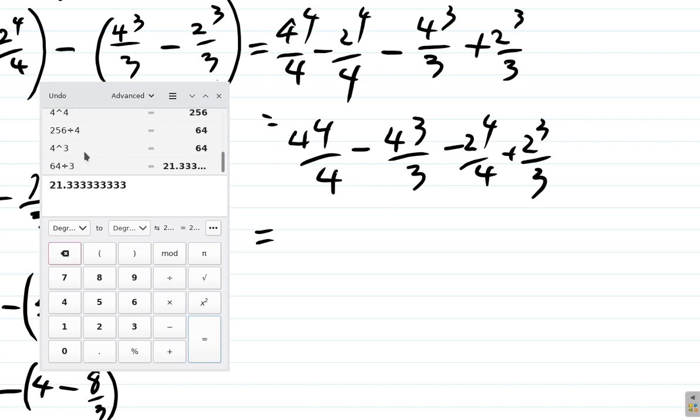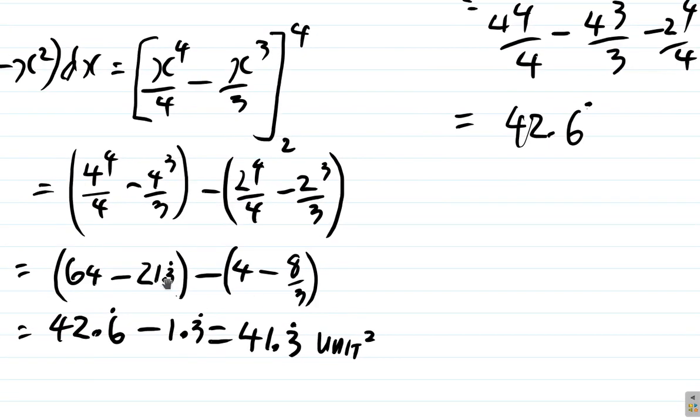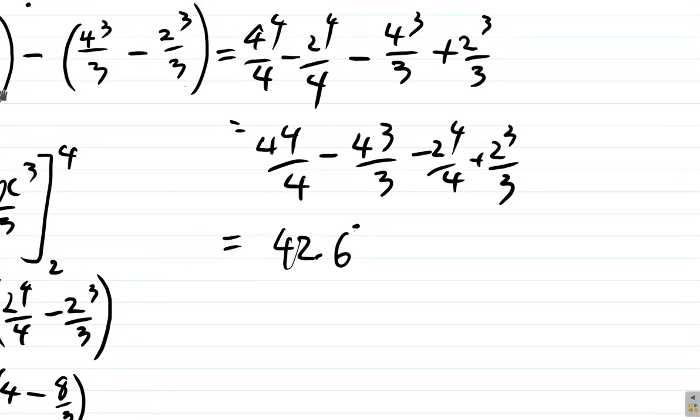And then the 4 to the power of 4 over 4 was 64. So 64 minus 21.3 is 42.6. And the 6 repeats. 42.6, as we said before.